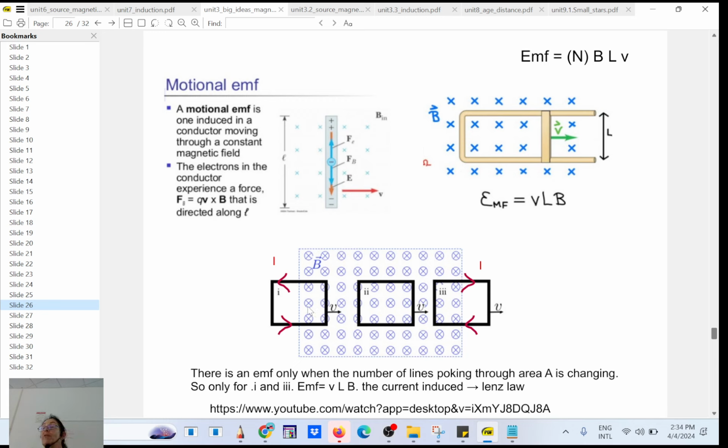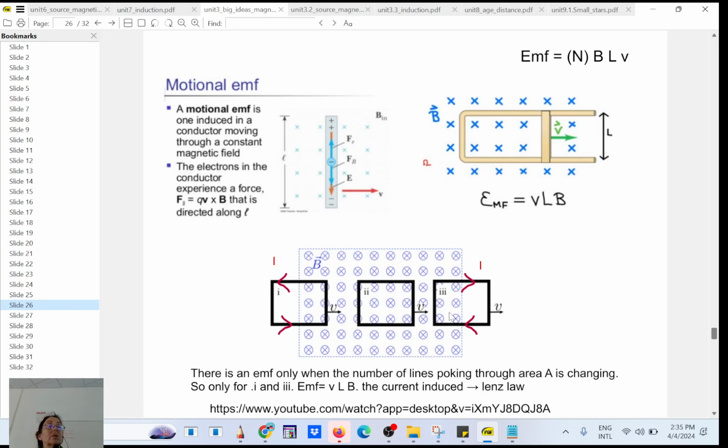So because the number of lines are increasing, I'm going to induce an EMF. Once it's there, and I'm still pulling it, is the number of lines changing here? No, it stays the same. So am I inducing an EMF? No. To induce an EMF, the number of field lines poking through the membrane attached to your conductor has to change.